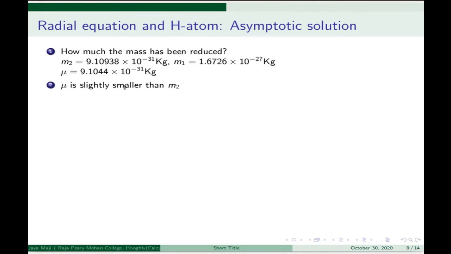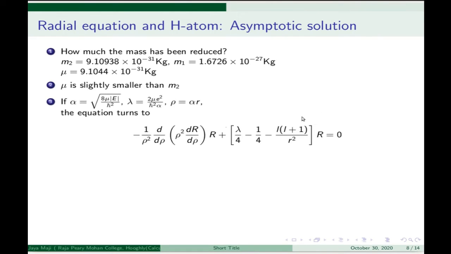In the reduced mass formula, if we substitute the proton mass m1, which is of the order 10 to the power minus 27 kg, and the electron mass, which is of the order 10 to the power minus 31 kg, then we get the reduced mass, which is 9.1044 into 10 to the power minus 31 kg, and this reduced mass is slightly smaller than the electron mass. There is therefore no loss in generality.